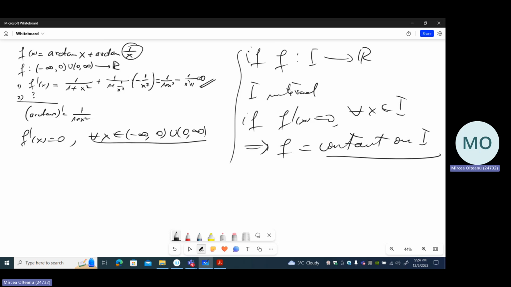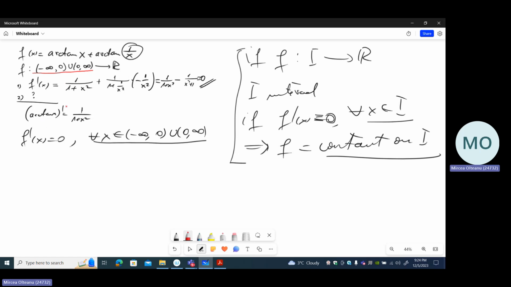Well, as you can see, this result, which can be applied every time when the derivative is 0 on some interval, cannot be applied in our case, because in our case the domain of definition is not an interval, but it can be applied on each interval of the domain.